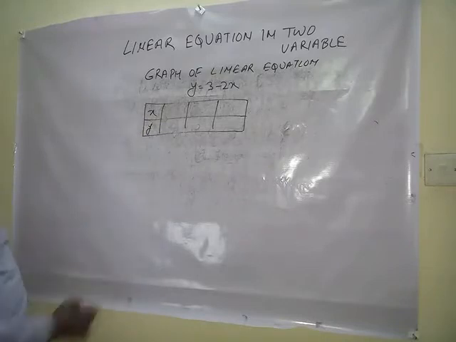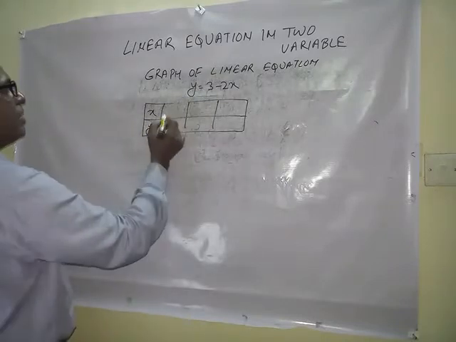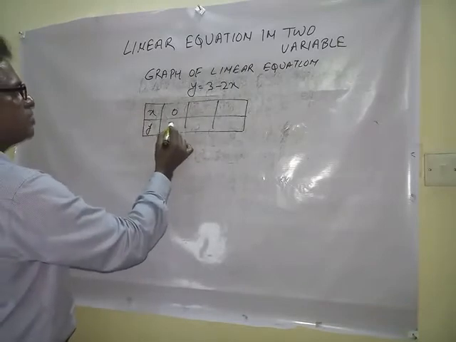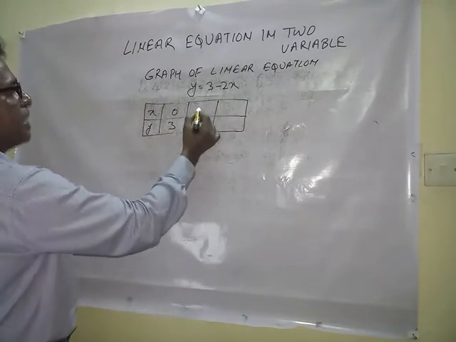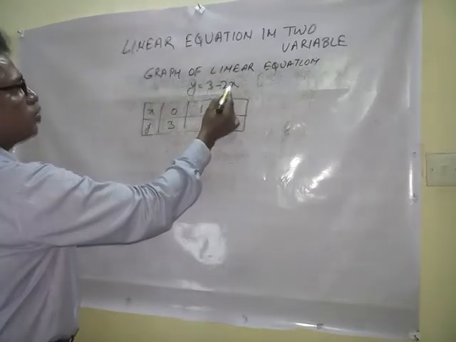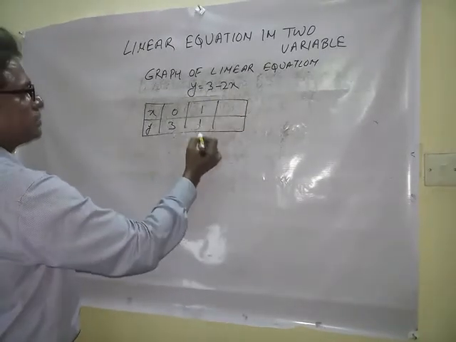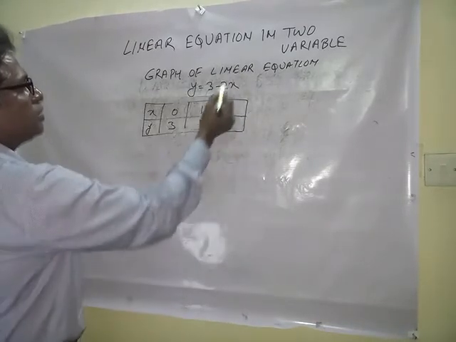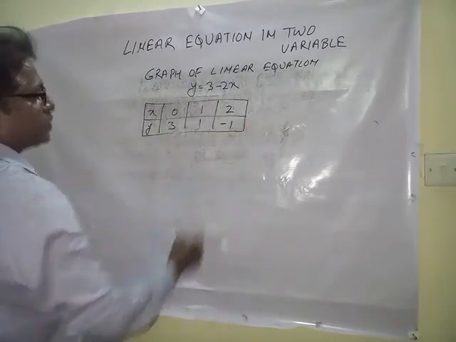Here x, y. Let us apply the value of x is equal to 0 here. So y is equal to 3. x is equal to 1 here, then y is equal to 1. And x is equal to 2 here. So y is equal to minus 1.